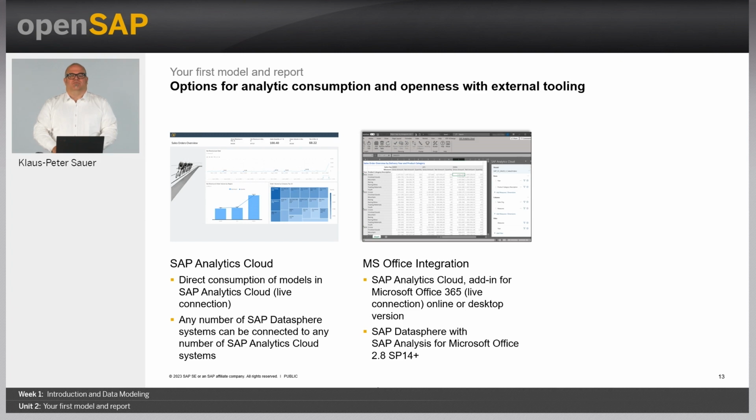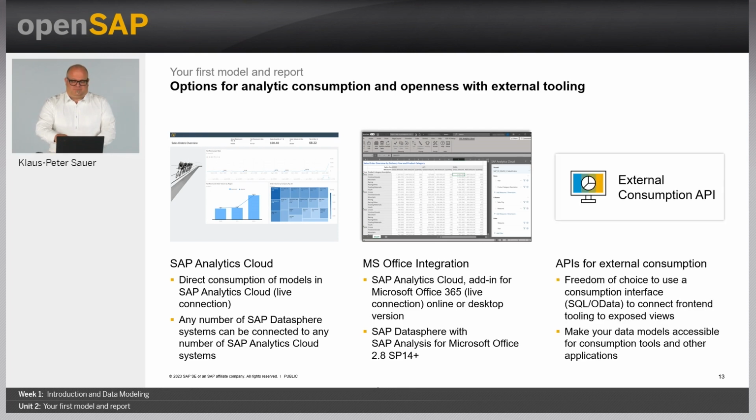Another option is the Microsoft Office integration with the add-in for Office 365 for online or desktop versions. The older SAP Analysis for Office is also supported. Other tools can use SQL or OData-based interfaces to connect to data models which are exposed for consumption.